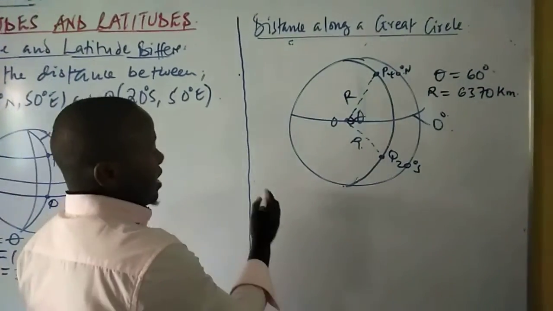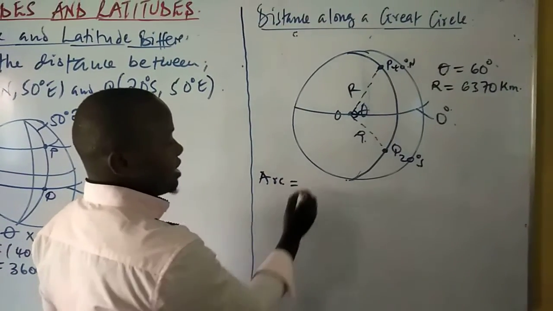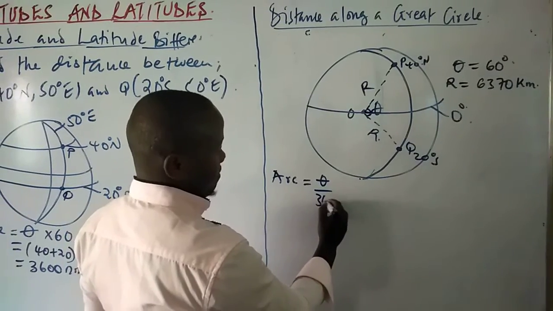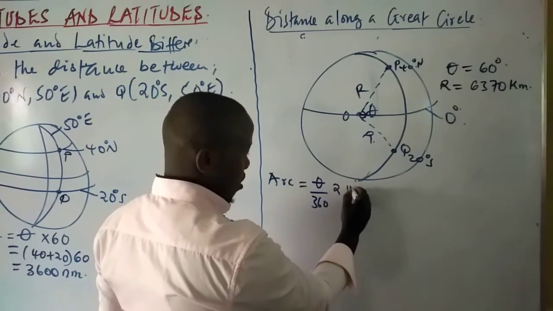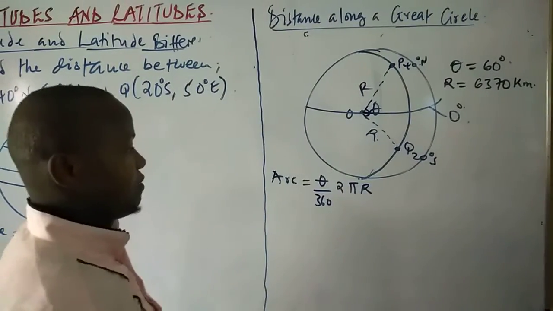We know that the length of an arc is given by the angle subtended at the center divided by 360 times 2 pi r. In this case, r is the radius of the Earth.